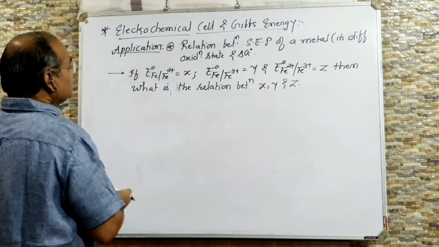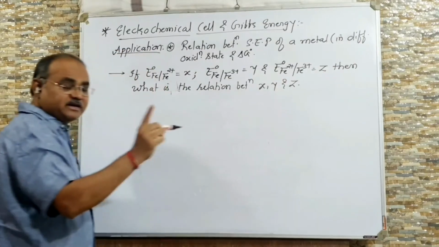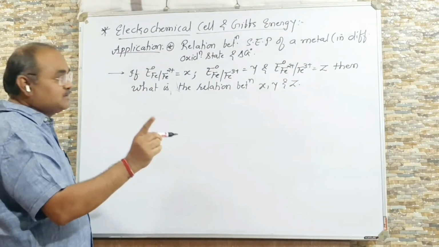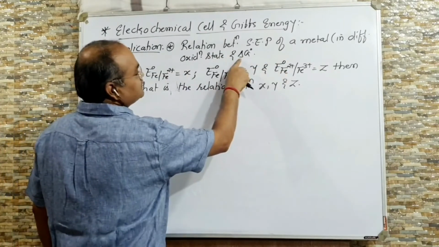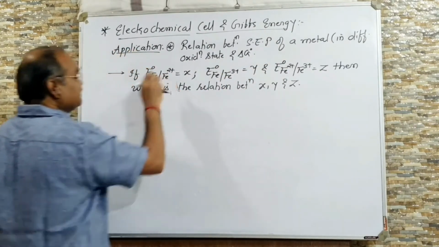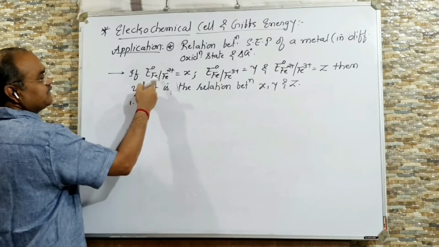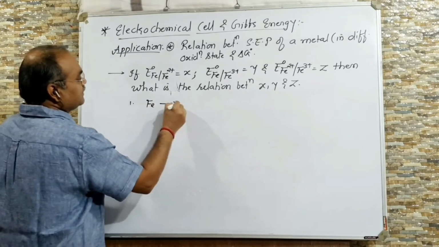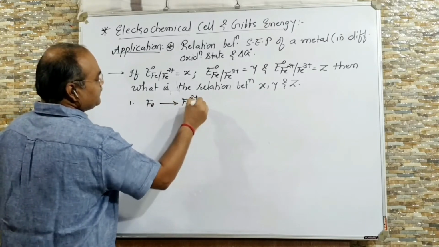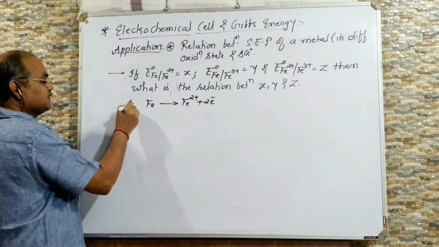Now I told you that E0 cell is an intensive property, so it cannot be added. The only thing which you can add is delta G0. So first I will take number 1: Fe gives Fe2+ plus 2 electrons. This will be your number 1.